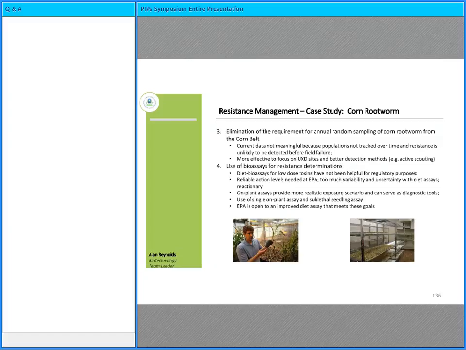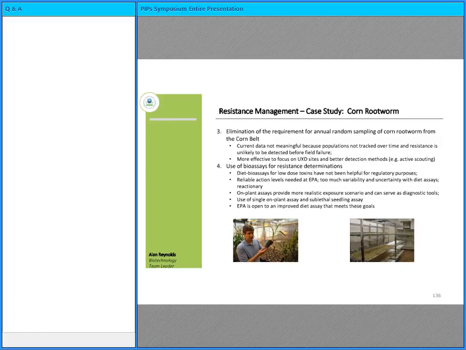exposure scenario and can serve more as a diagnostic tool, patterned off the approach that Aaron Gassman used at Iowa State University. That's him there on the lower left. He uses a single on-plant assay approach that can essentially create a very simple but effective determination of whether a population is resistant or not.